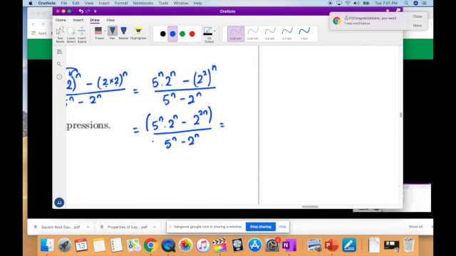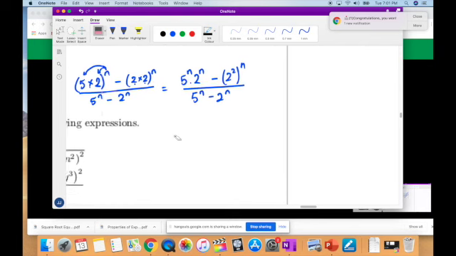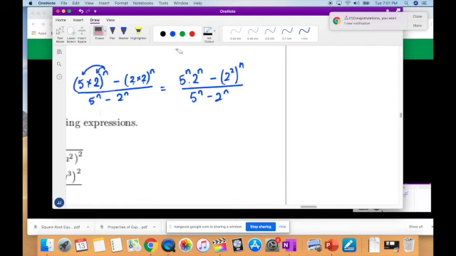So maybe I shouldn't have multiplied this out. You know what? I'm going to erase this section, because I have 5 to the n here and 2 to the n here.